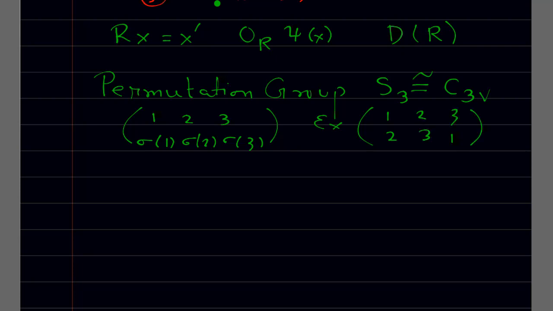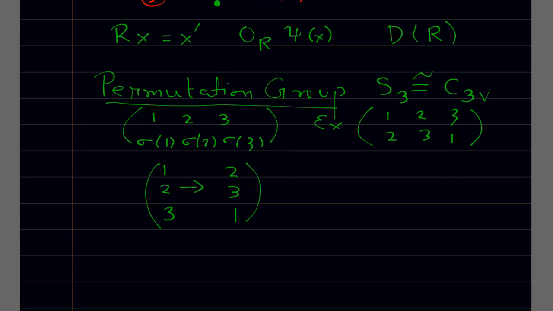This is a possibility. So if you have numbers 1, 2, 3, and you apply an operator that permutes these numbers, they go to a different set of numbers, 2, 3, 1. So the permutation group contains all those elements that do permutation of numbers.